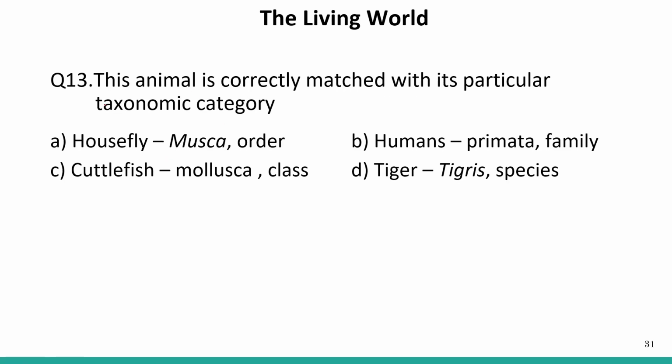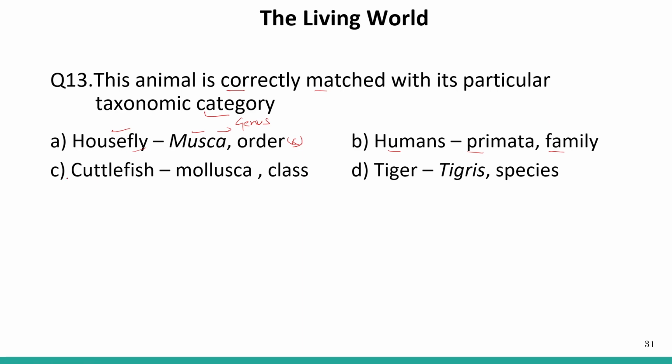Now coming to the next question, which animal is correctly matched with its particular taxonomic category. The first option is housefly, Musca domestica. Musca is a genus and it is not an order. Okay, what is the scientific name of housefly? Musca domestica. Against human, primata and family.